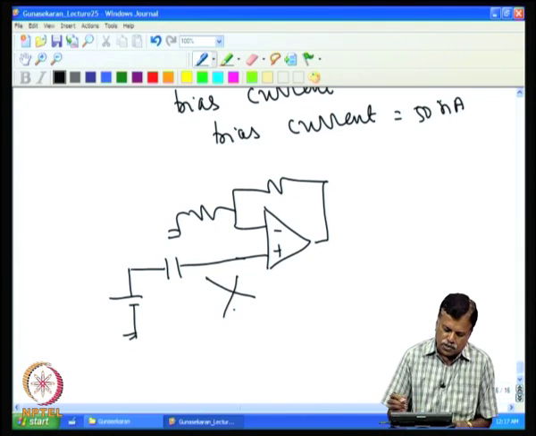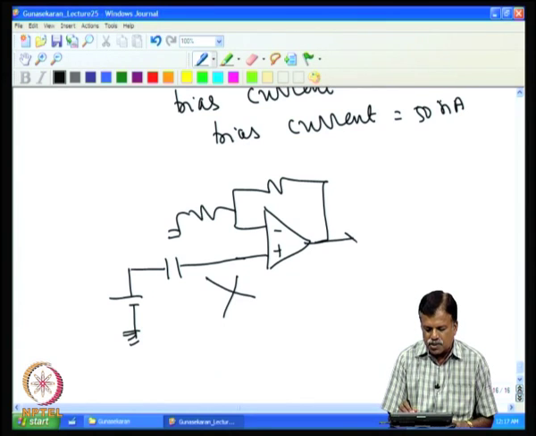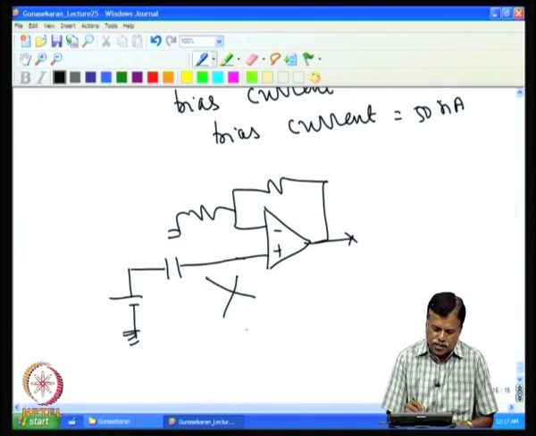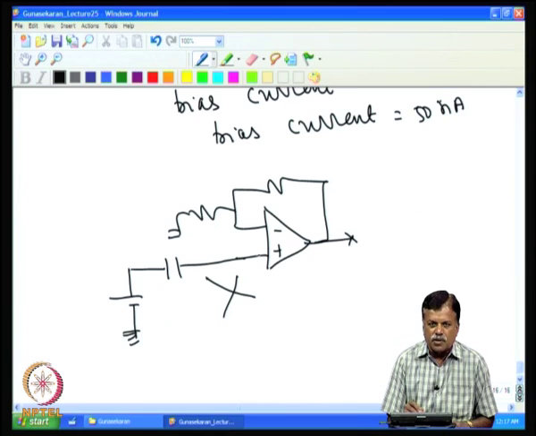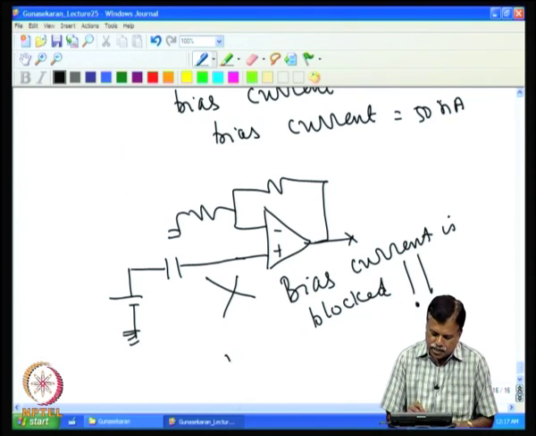This circuit will not work because the capacitor will block the bias current that is flowing to this, and the output will always be saturated, because through leakage resistance the current will flow and this point will climb up to a large value and that will force the output to saturate. So, this bias current is blocked. This is not acceptable.